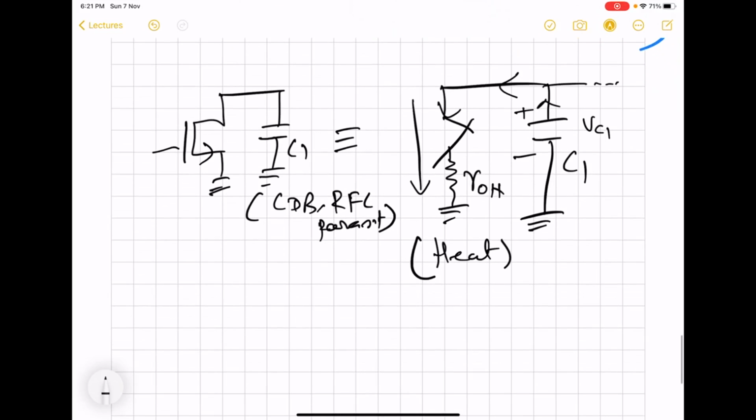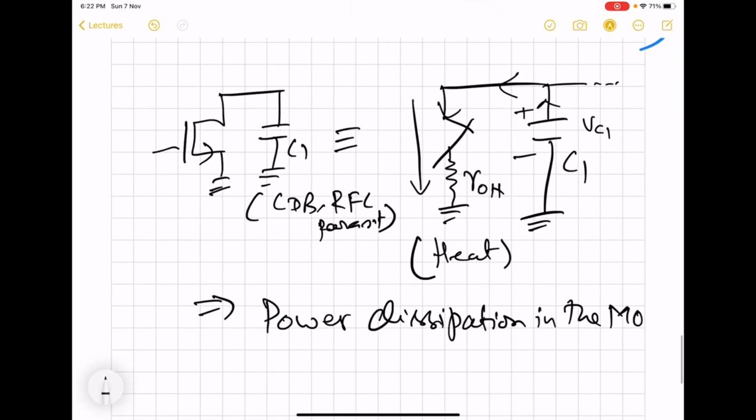So this implies that there will be power dissipation in the MOS in the on state.